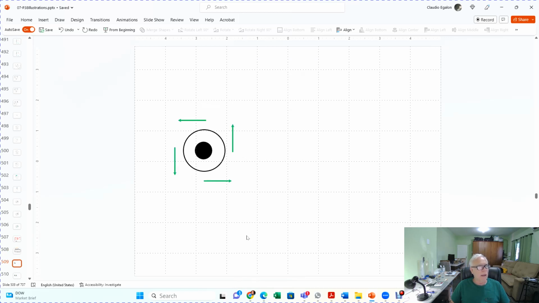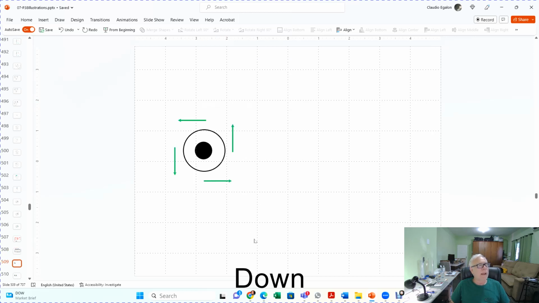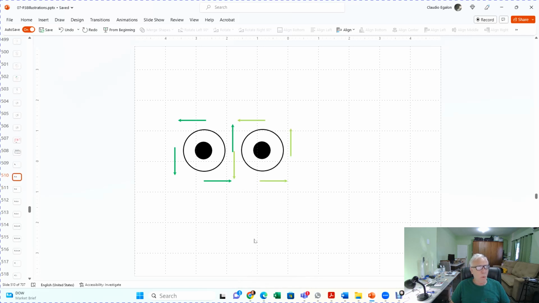So here you go. We have one of the wires of the solenoid, let's say this one right here. We already know that the magnetic field circulates around it. See how important it is to know the behavior of the magnetic field around a wire, right? Now we have this other wire next to the first one, which also has a magnetic field circulating around it.